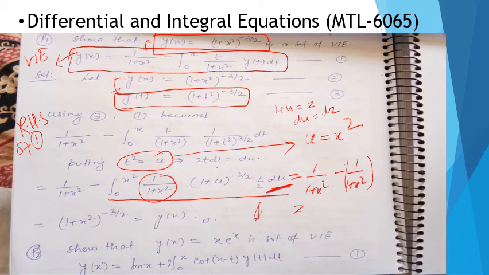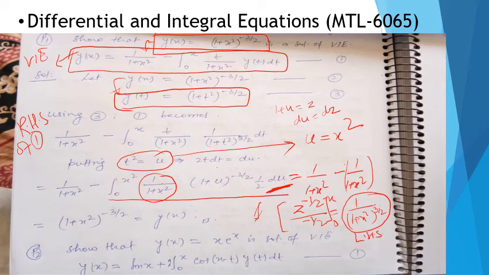Then this integral becomes z to the power minus 1 by 2 divided by minus 1 by 2, with limits 0 to x square. Solving this, it is equal to (1 plus x square) to the power minus 3 by 2. This is the LHS.